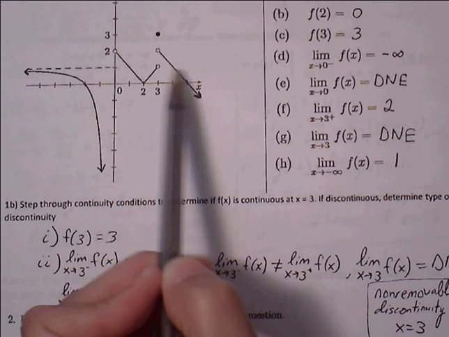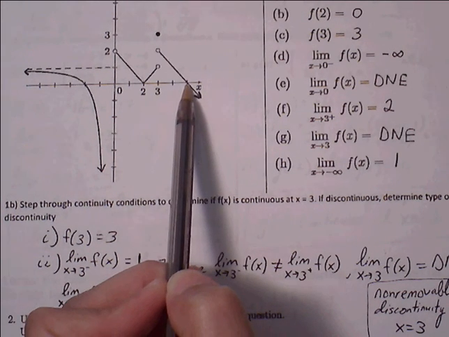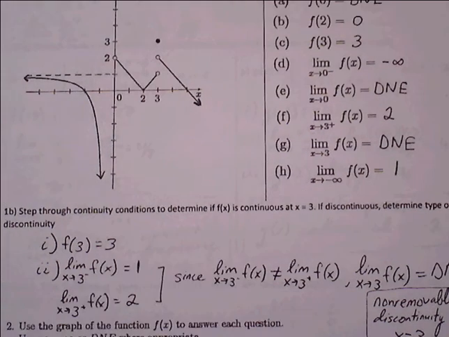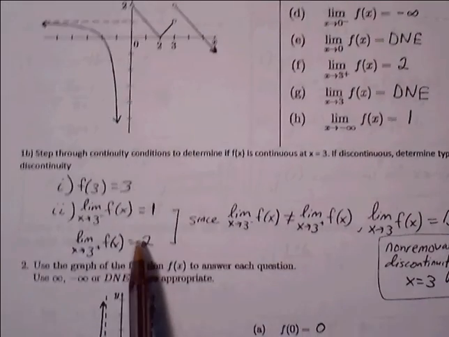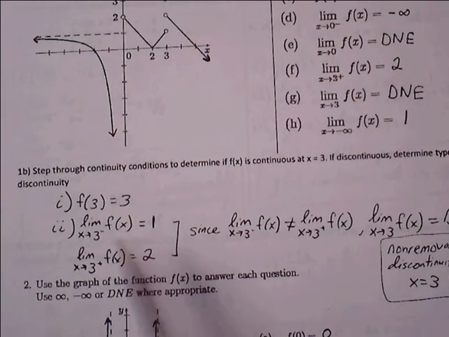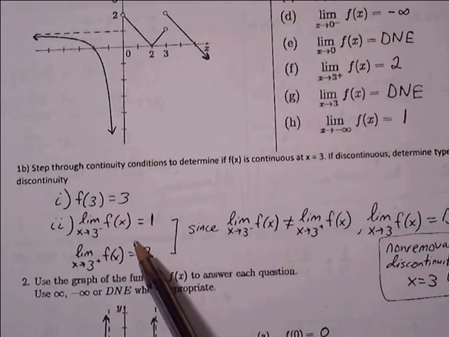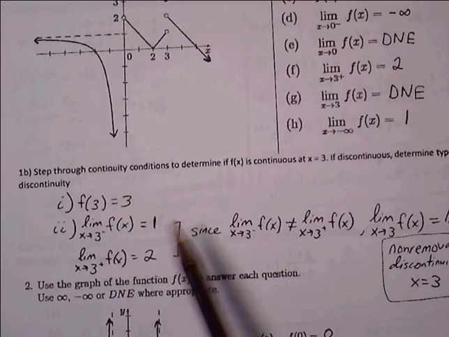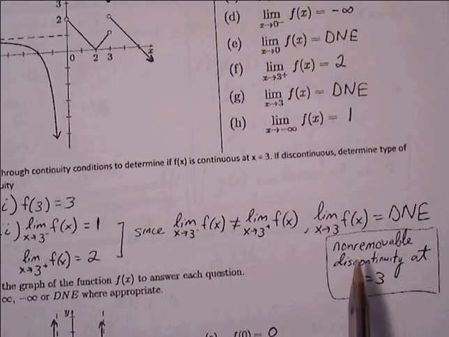As x approaches 3 from the right side, it is approaching a different y value, 2. So the limit does not exist since the one-sided limits do not agree, and therefore the second condition fails. If the second condition fails, then we have a non-removable or jump discontinuity at x equals 3.